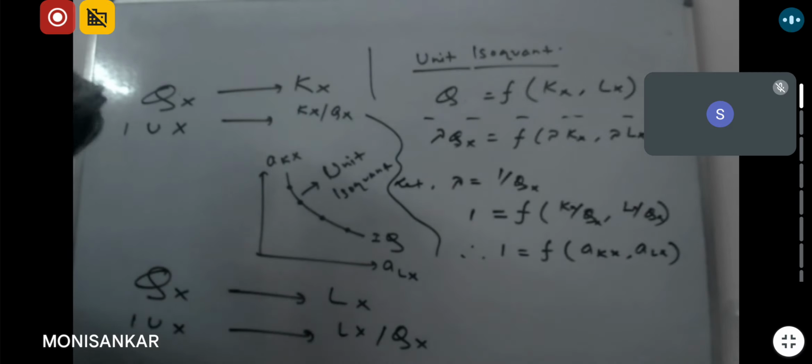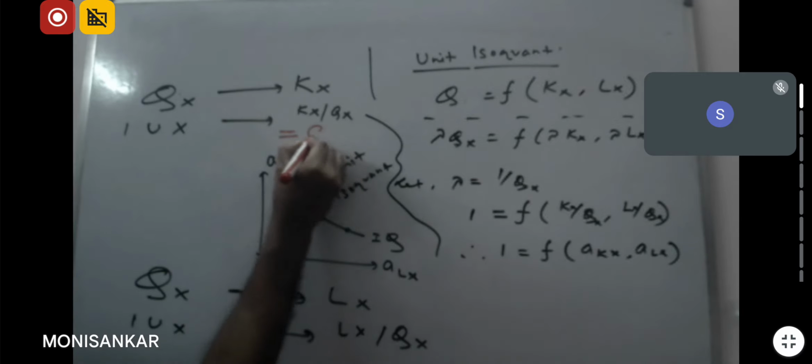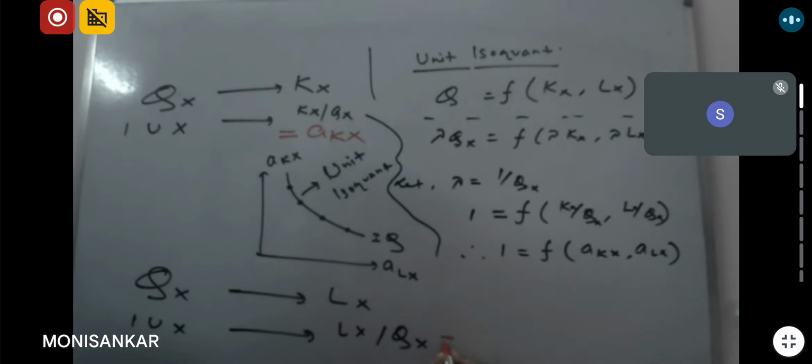So this one is your akx and this one is your alx. This is the concept of our unit isoquant. Similarly, you can draw the unit isoquant of the y commodity. Up to this, clear? The concept of the unit isoquant.